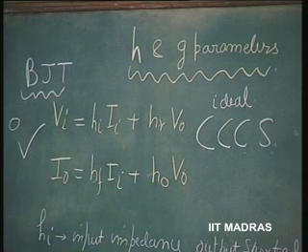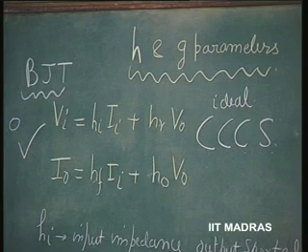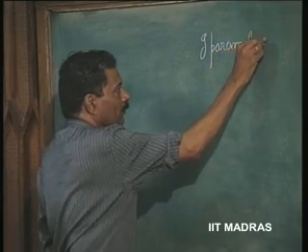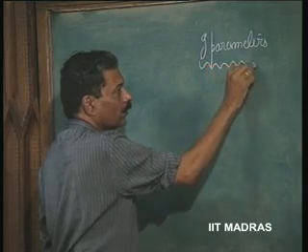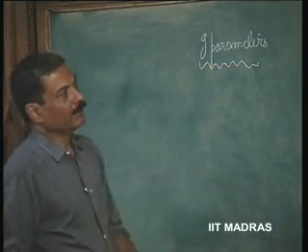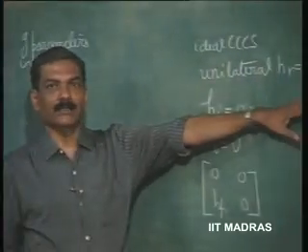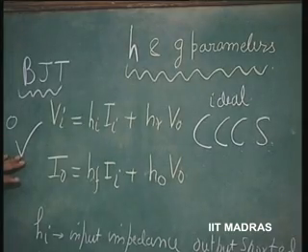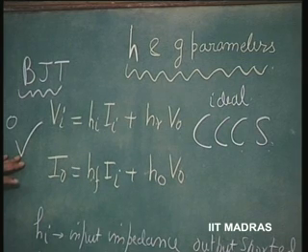So, let us now discuss the G parameters. There we had Vi and I naught as dependent variables and II and V naught as independent variables.